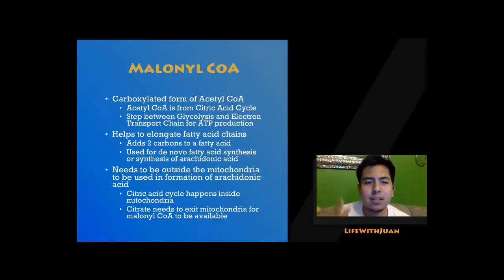Malonyl-CoA is the carboxylated form of acetyl-CoA, which comes from the citric acid cycle. And you need it in your cytoplasm to be able to use it for fatty acid elongation. It essentially adds 2 carbons to a fatty acid, and it can be used for either de novo fatty acid synthesis or synthesis of arachidonic acid.